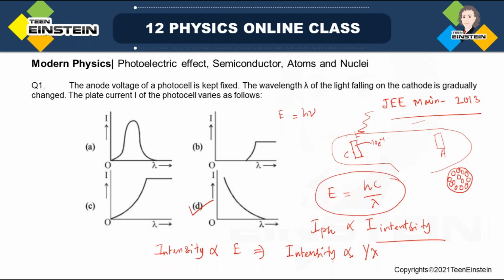Intensity depends on wavelength inversely, therefore the current also will depend on the wavelength of the incident photon inversely. So this is the answer for this question.